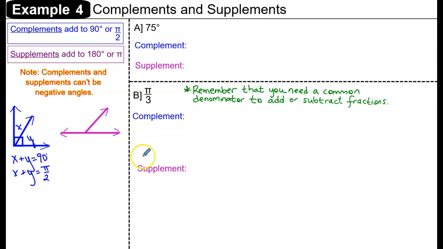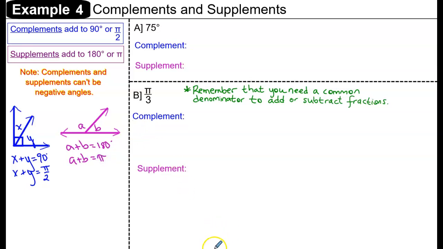If I'm looking at supplementary angles, they form a linear pair or a straight line. So if I have angle A and angle B, then A plus B has to total 180 degrees, or in radians, A plus B has to total pi.